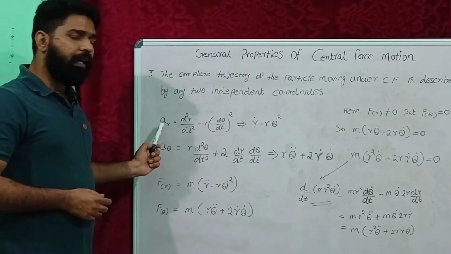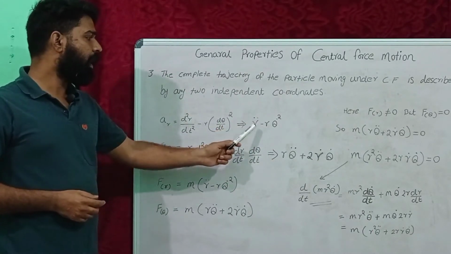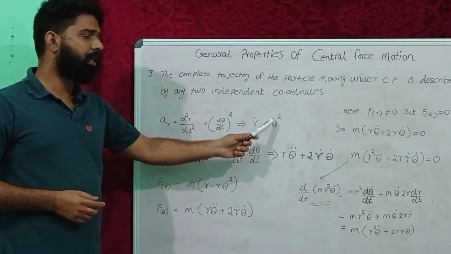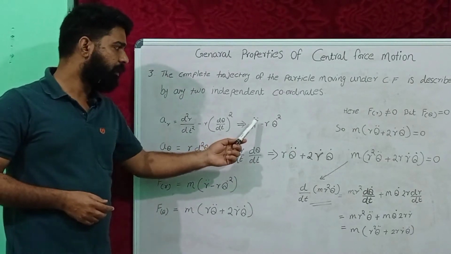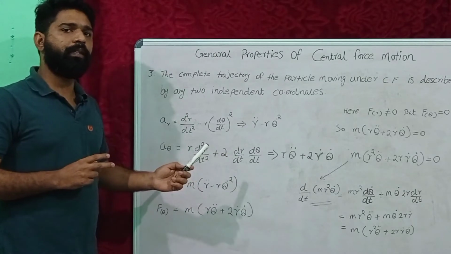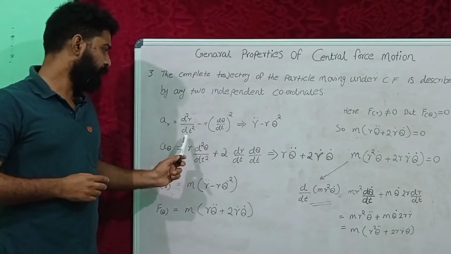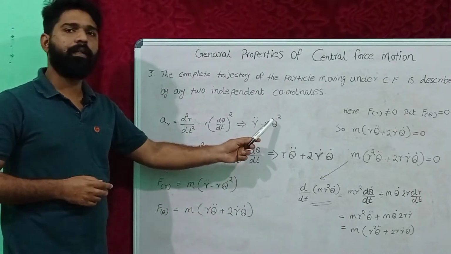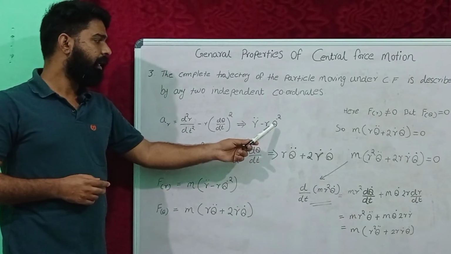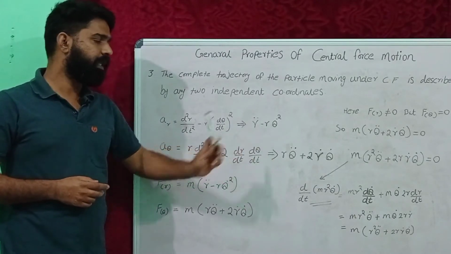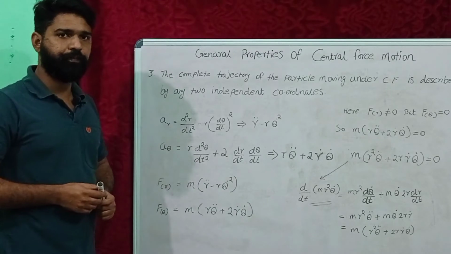So radial acceleration is equal to r double dot minus r theta dot square, where double dot represents the twice differentiation of r with respect to t, and theta dot represents the first derivative of theta with respect to t.